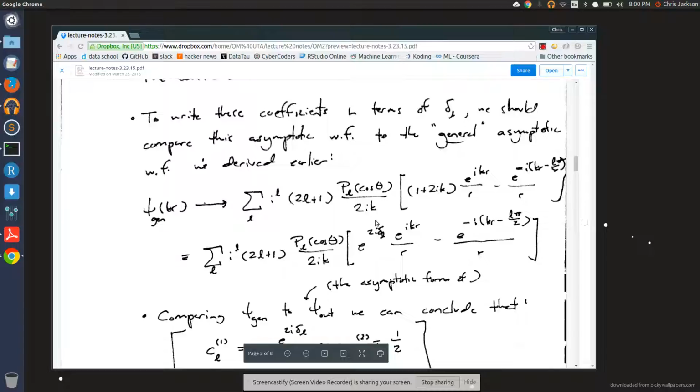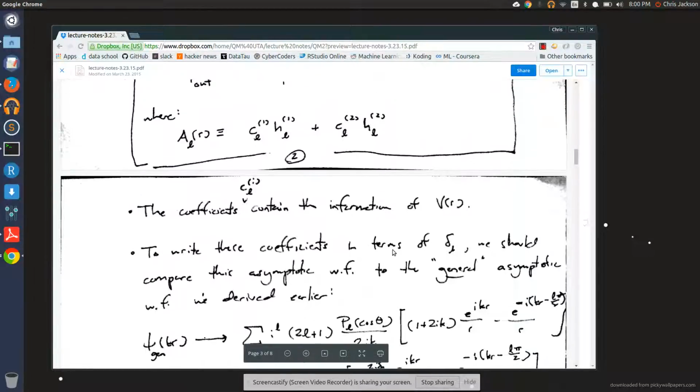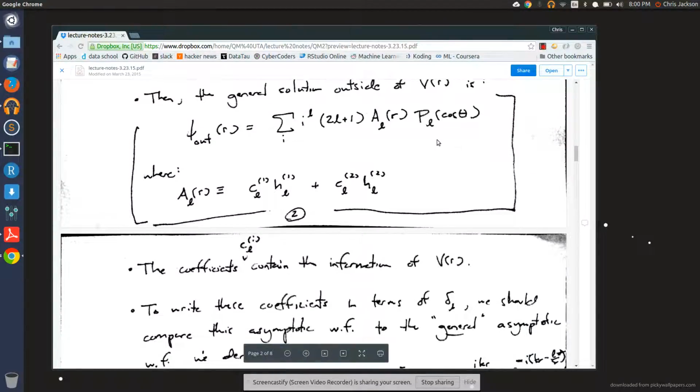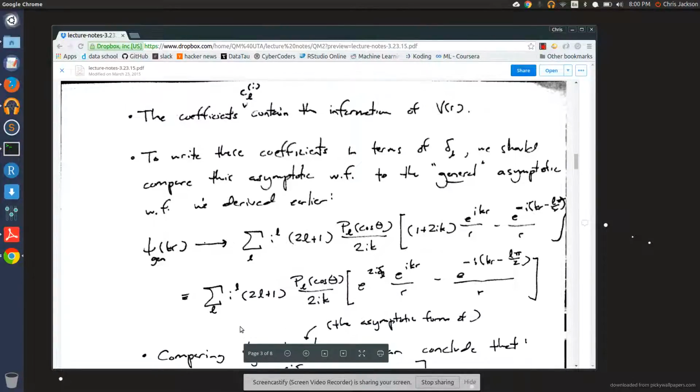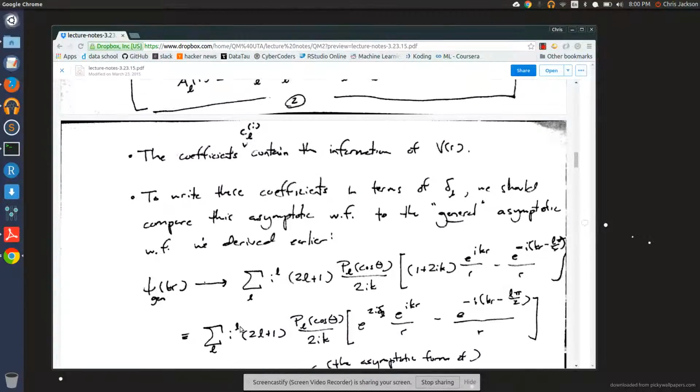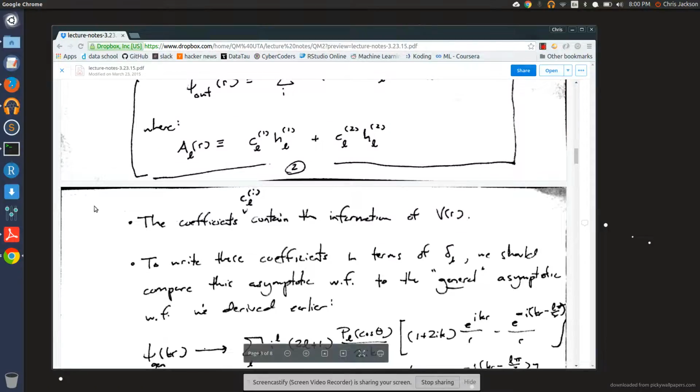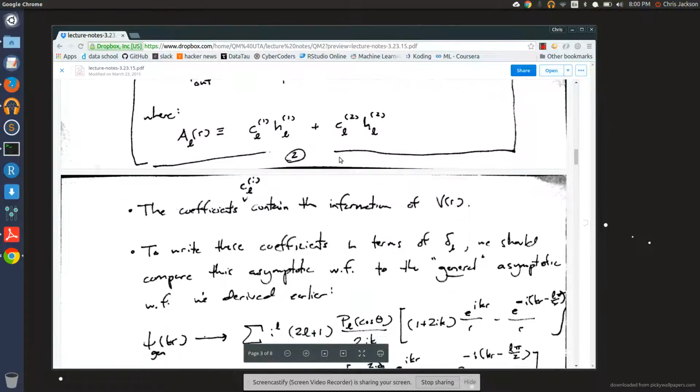So what we can do now is take the expression for the wave function that we just derived by solving Schrodinger's equation outside the potential and compare it to our scattered wave, and that way we can extract these coefficients, the C_l's.